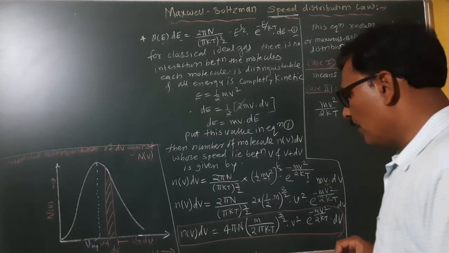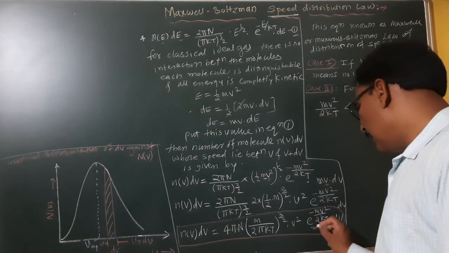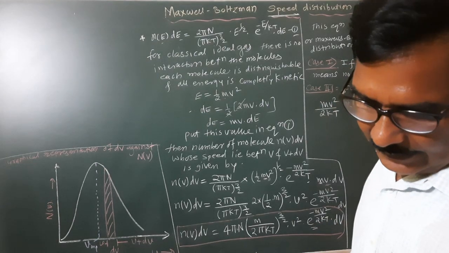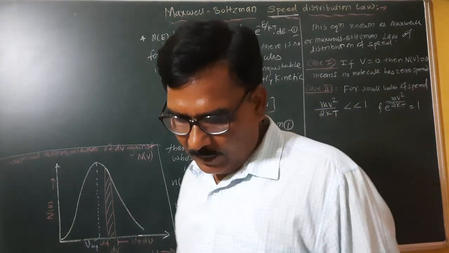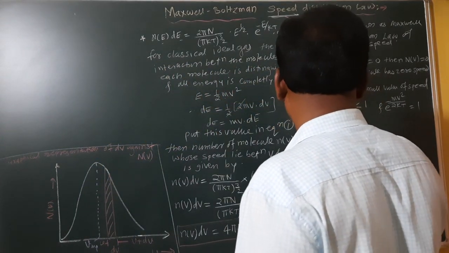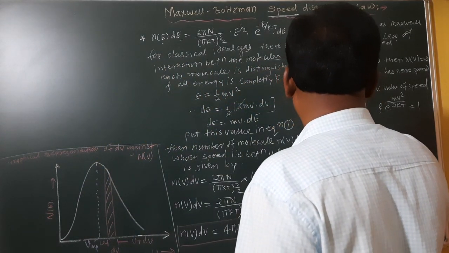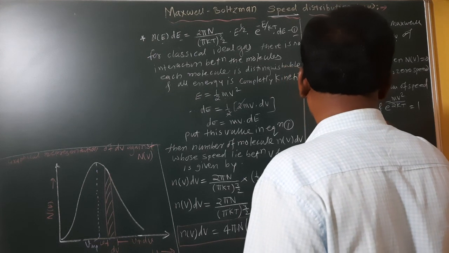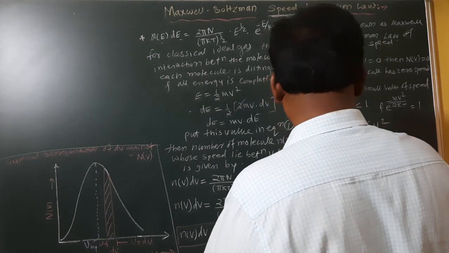Therefore this factor is nothing but 1, and the value of n of v is directly proportional to v square. This is the second case.